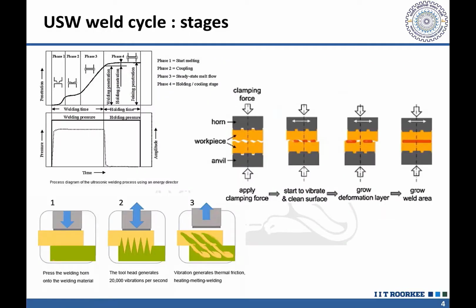What we see is that whenever the sonotrode is brought in contact with the surface of the workpiece, here the horn or sonotrode surface touching the surface of the workpiece, we apply the clamping force or normal force, and then we give the vibrations. When these vibrations are given, there will be interfacial movement. Say one part is fixed and another is being moved under the normal load.